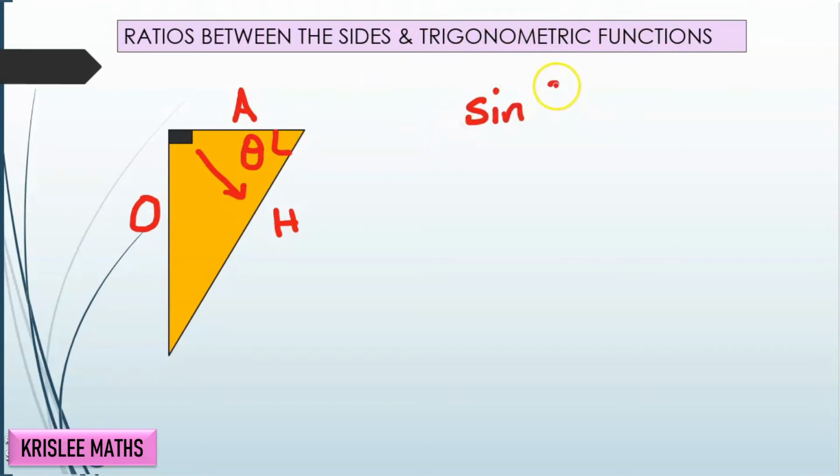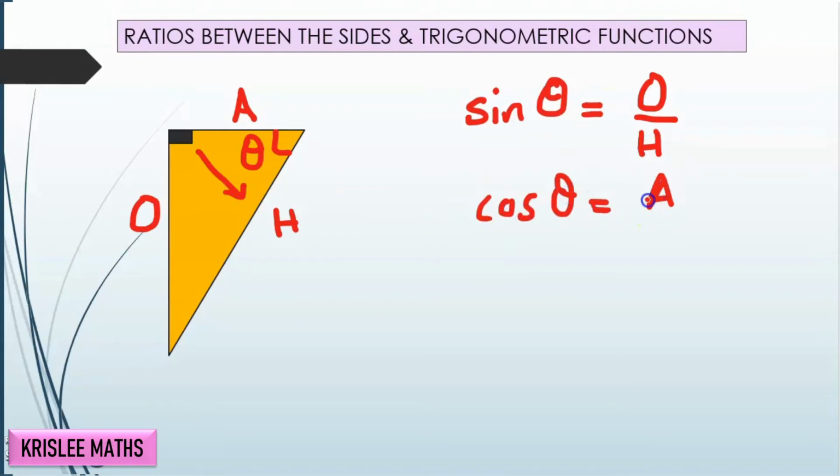Sine theta is the ratio between the opposite and hypotenuse. Cos theta equals adjacent over hypotenuse, and tangent theta is the ratio between opposite and adjacent.